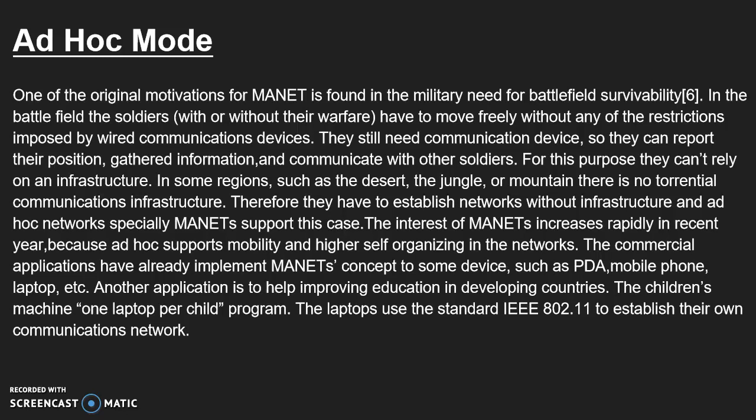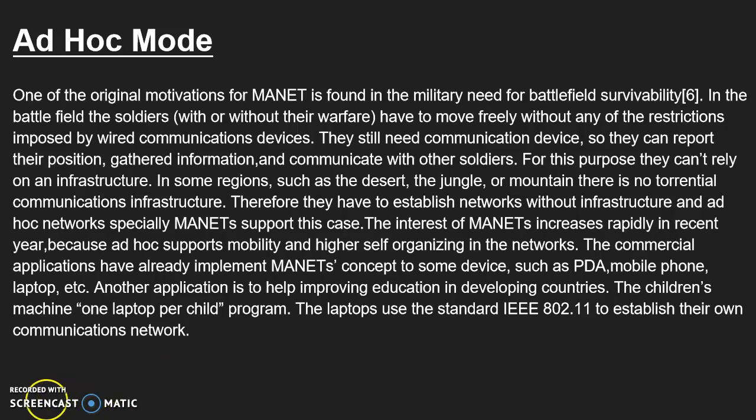They still need communication devices so they can report their position, gathered information, and communicate with other soldiers. For this purpose, they can't rely on an infrastructure because this will bind them to a certain range. In some regions, such as the desert, jungle, and mountains, there is no terrestrial communication infrastructure. Therefore, they have to establish networks without infrastructure, and ad hoc networks, especially MANETs, support this case.